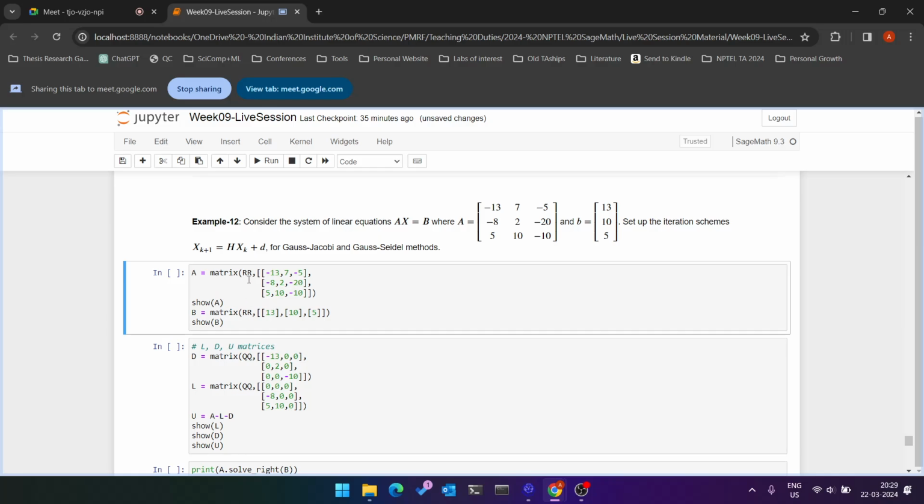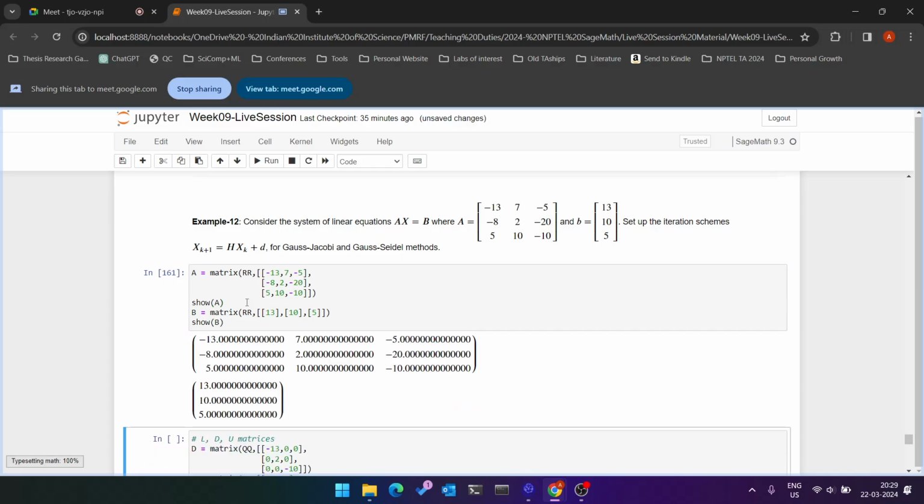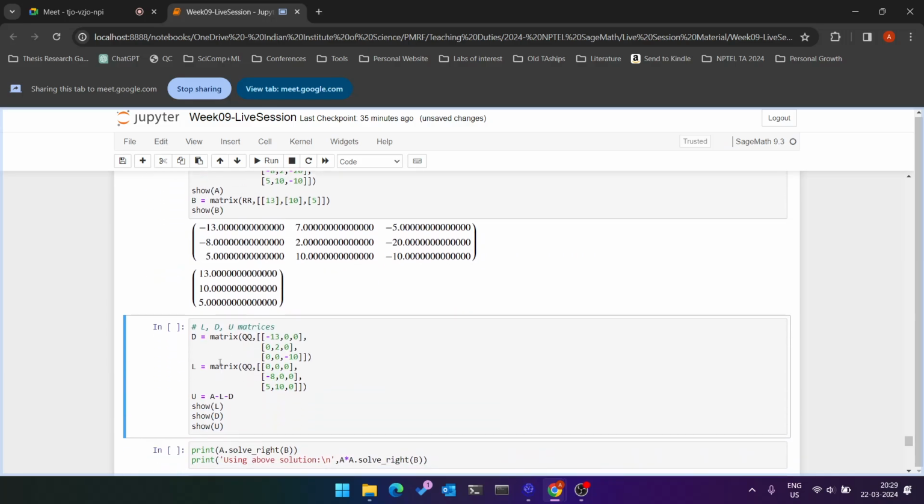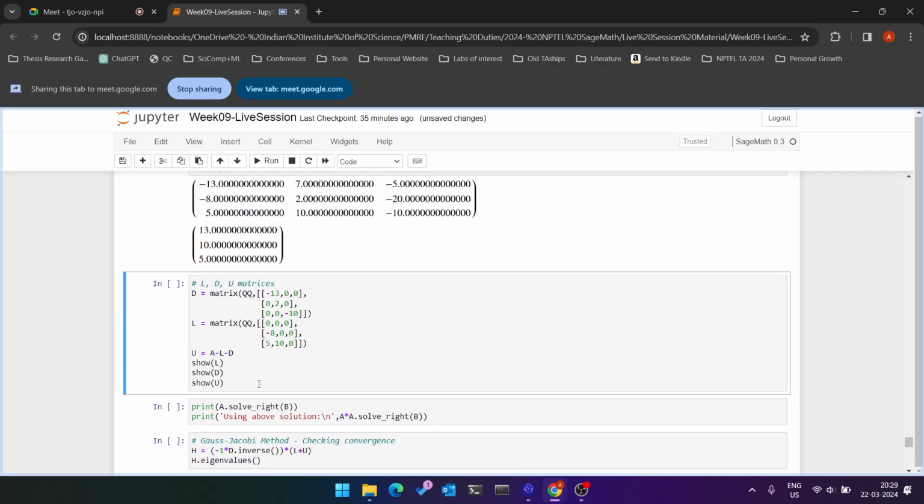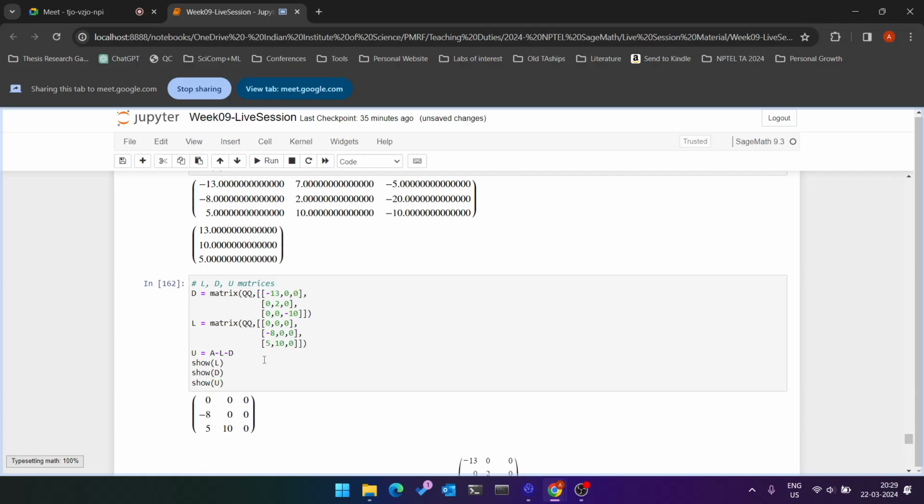We first specify the matrix A and the vector b. Next we specify L, D and U matrices. Again, D is the diagonal matrix, L is strictly lower triangular and U is strictly upper triangular.